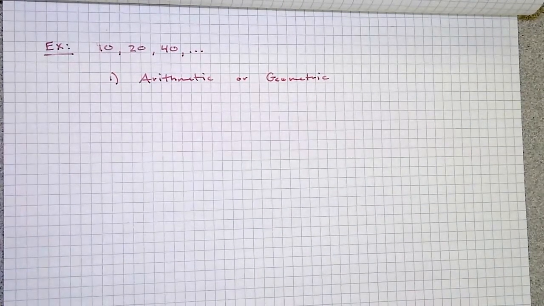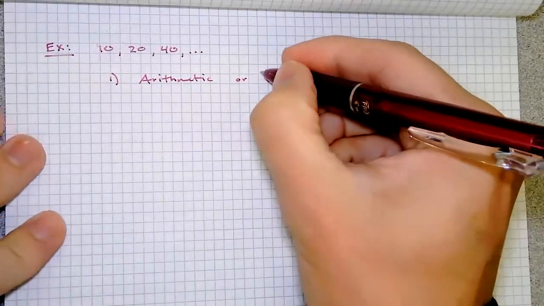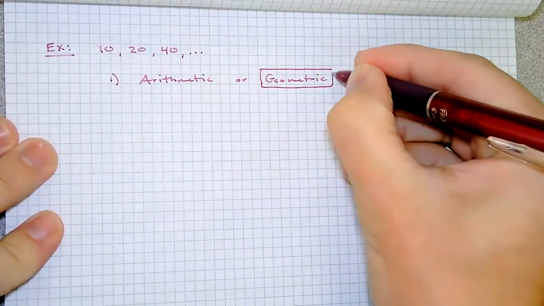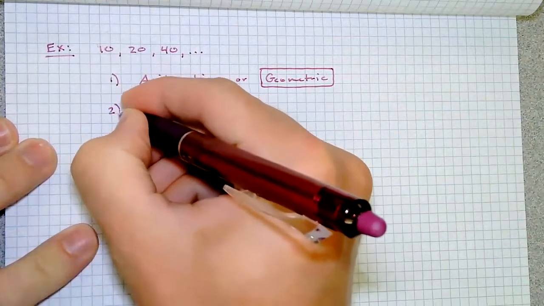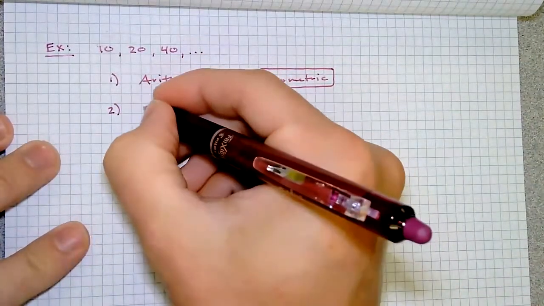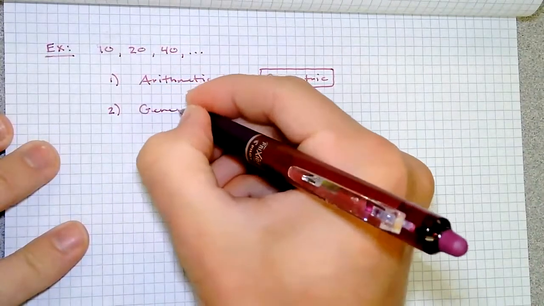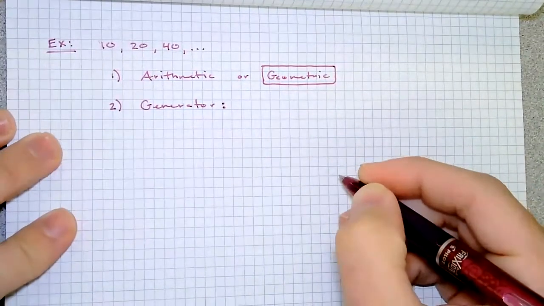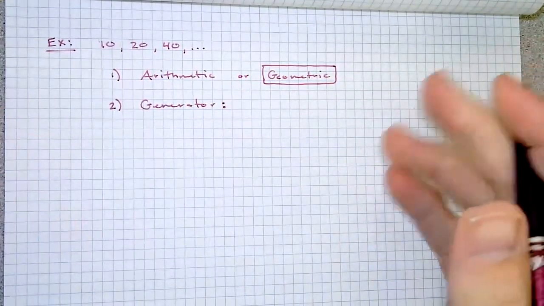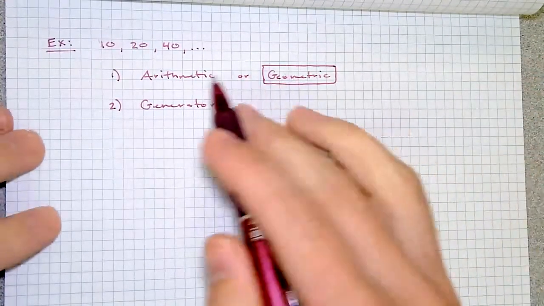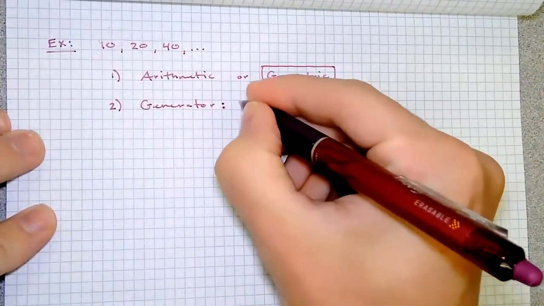So again, first thing you ask yourself, are you adding or multiplying between each term? In this case, we should be able to identify that we are multiplying. So we have geometric. Second thing you ask yourself is, what is your generator? What are you adding or multiplying by each time? In this case, that should be 2.